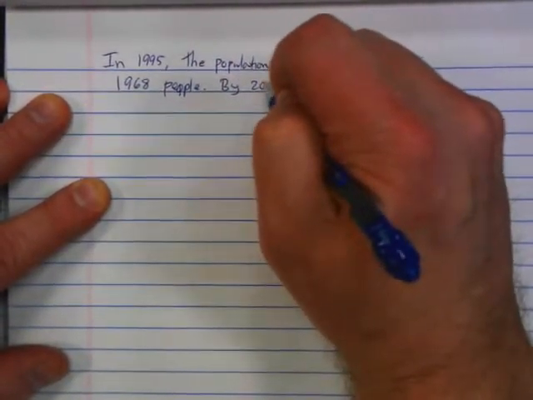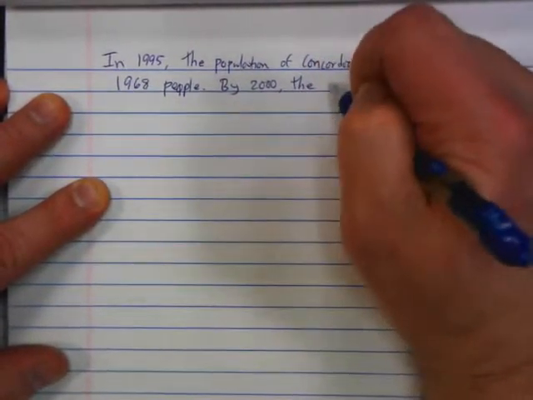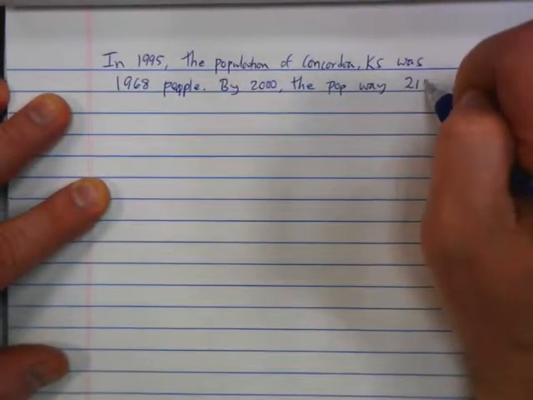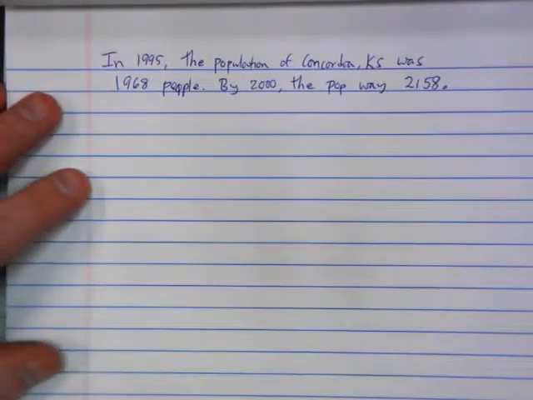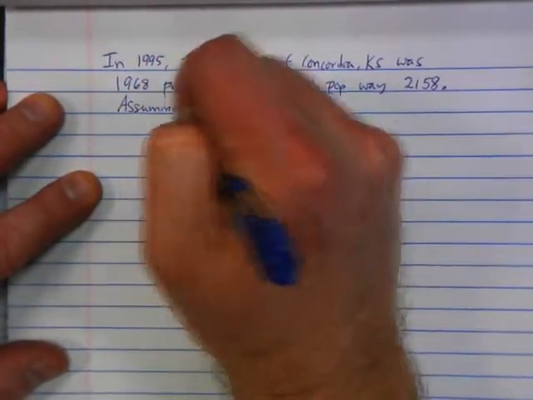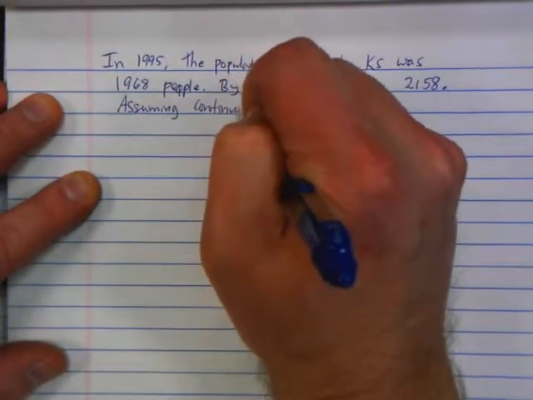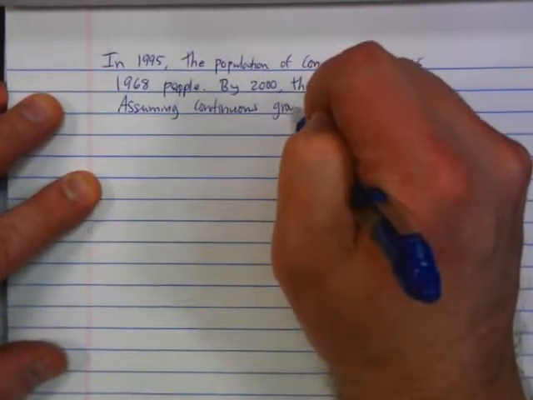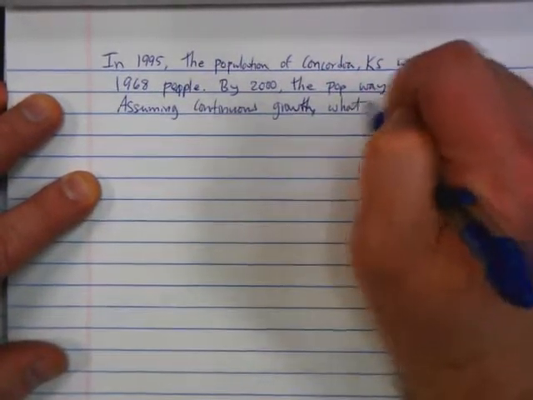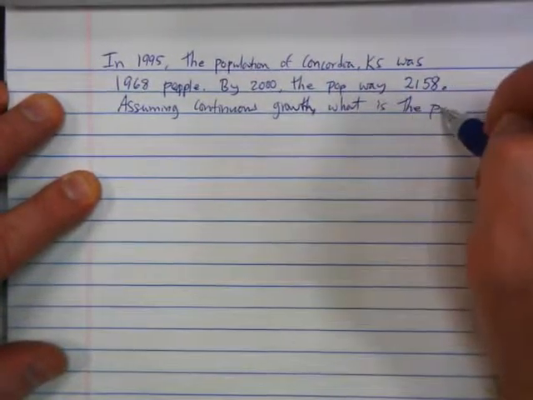By 2000, the population was 2,158. Assuming continuous growth, what is the population today?